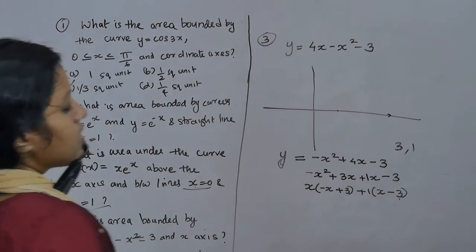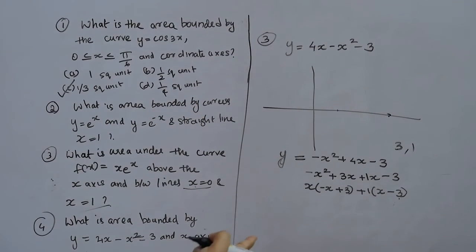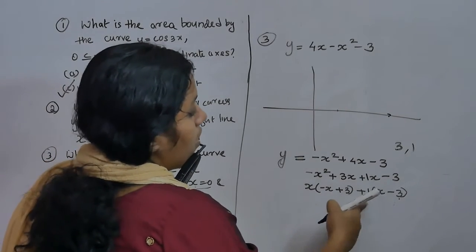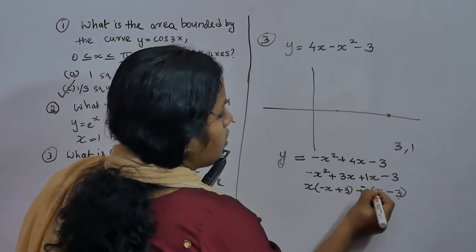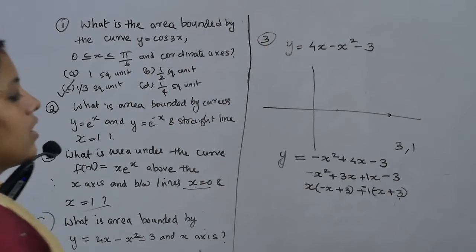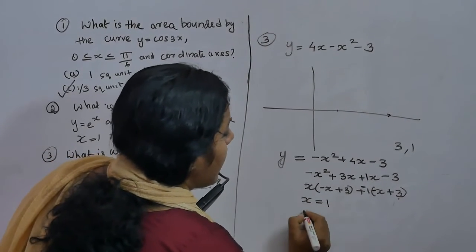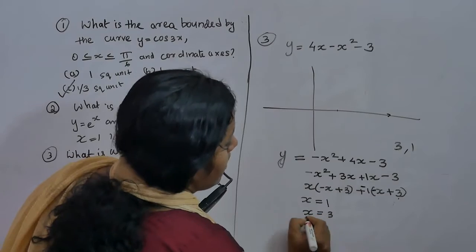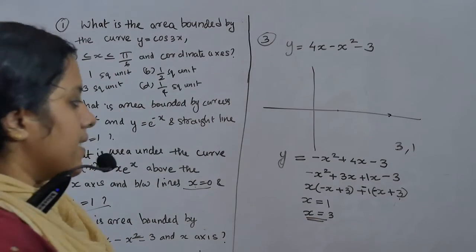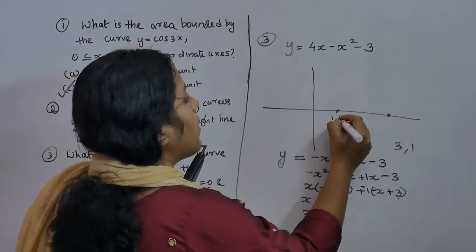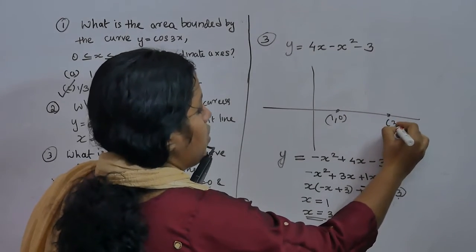I am taking minus 1 common so that I can get equal things. So I'll get x is equal to 1 and x is equal to 3. So the points are (1, 0) and (3, 0).